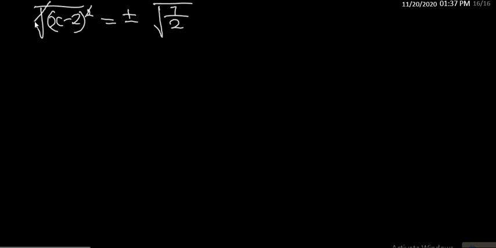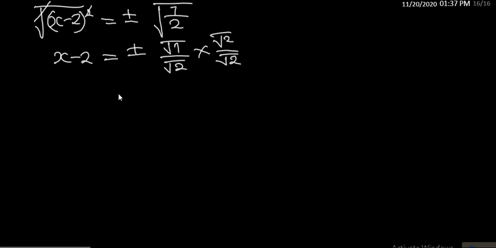And of course, square and square root will cancel each other, so x minus 2 equals plus or minus. We can apply the rule of thirds here, all over square root of 2, and of course rationalize the denominator, so that you have plus or minus root 14 over 2.